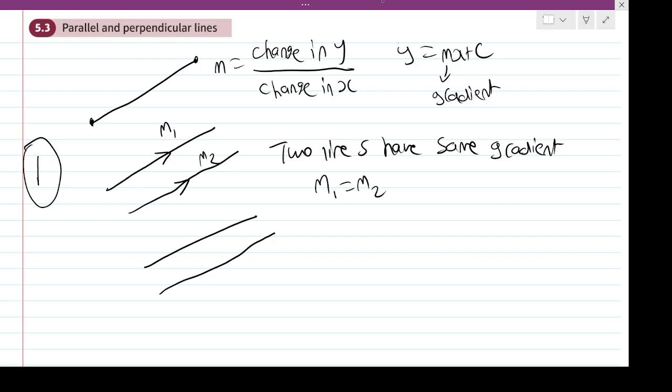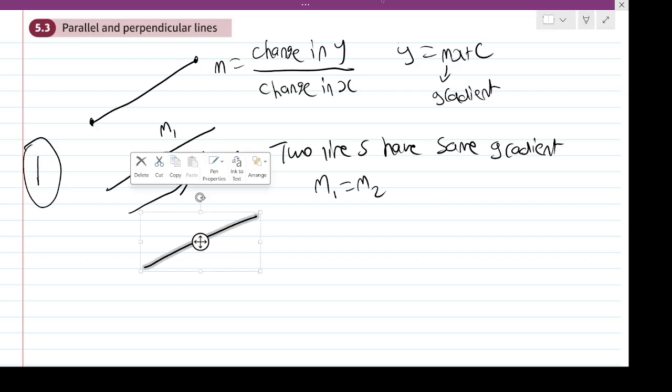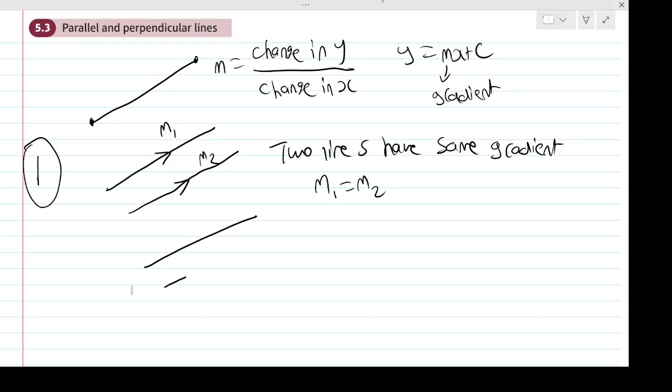But then say we made the second line just a little bit steeper, so it looks a bit like that. Well, eventually these two lines are going to meet, right? And they're going to meet there, roughly. So even though the lines go on for infinity, if we alter the gradient even ever so slightly between them, that will cause the lines to intersect at some point. So they have to have the exact same gradient in order for the two lines to never meet.